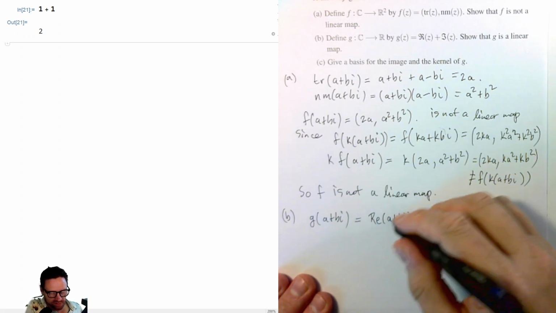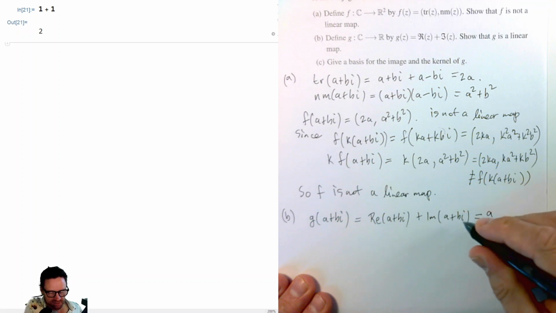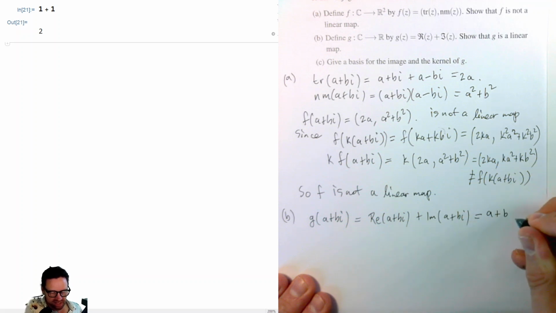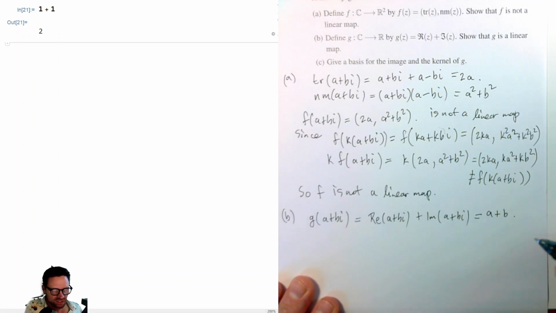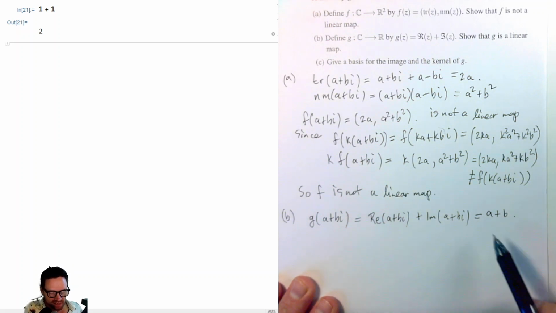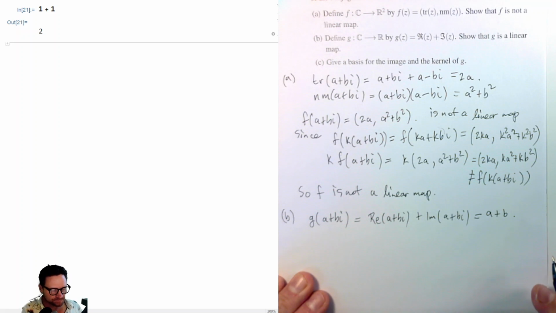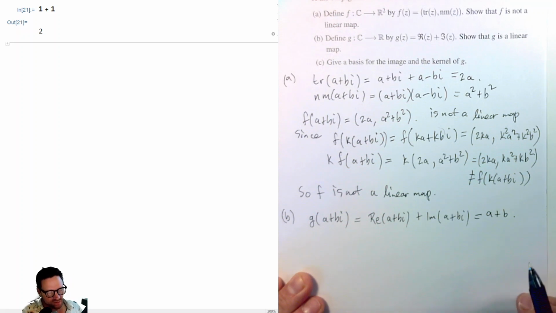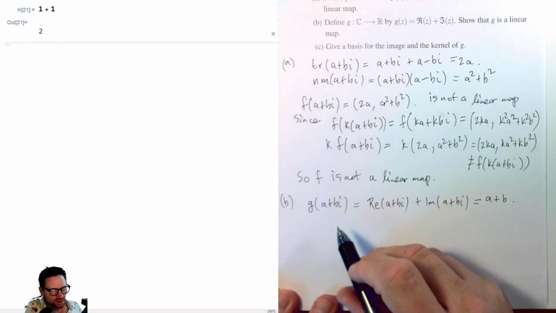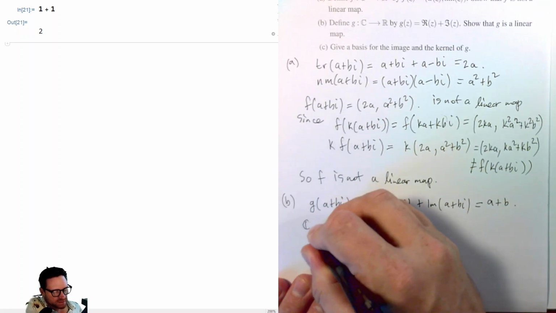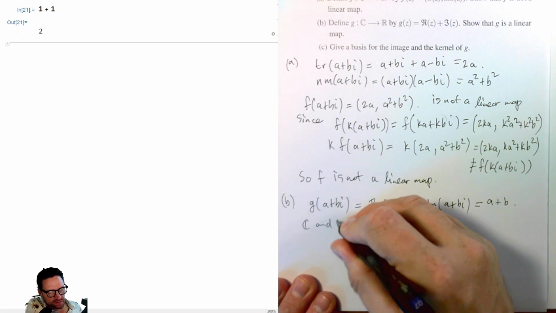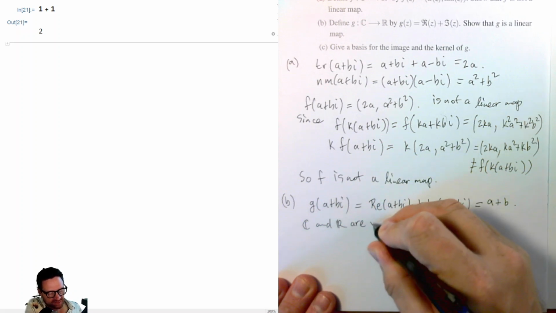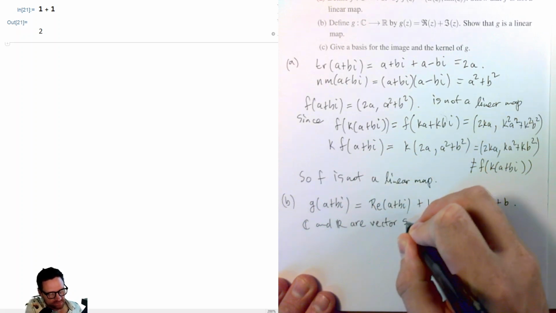And so the real part of this is A, the imaginary part is B, so this is A plus B. Okay, so G of the complex number A plus BI is just A plus B. So we've got to show that this is a linear map. Okay, so first note that C and R are vector spaces.